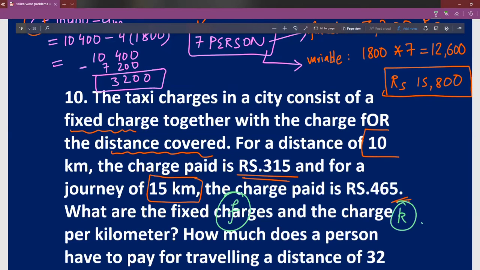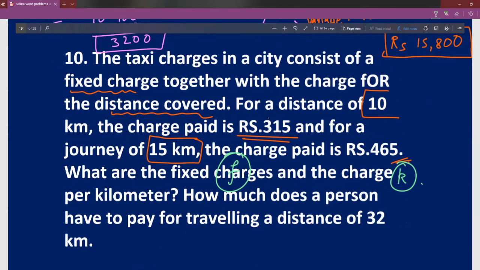The taxi charges in a city consist of fixed charges, F. This is fixed, rupees F is fixed, together with a charge for the distance covered. We have assumed that charge to be K. So K is equal to rupees K per kilometer, because this is depending upon the distance which is covered.